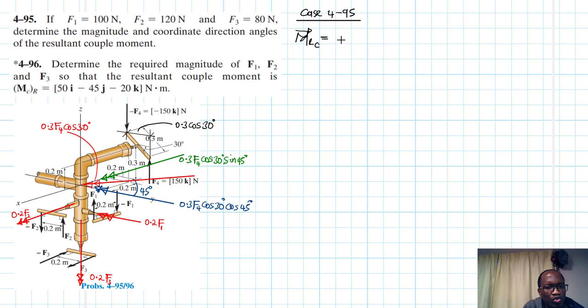We have two components, both positive. So we have 0.2 F2 plus 0.3 F4 cos 30 cos 45.